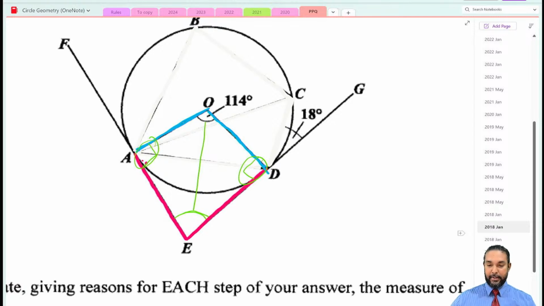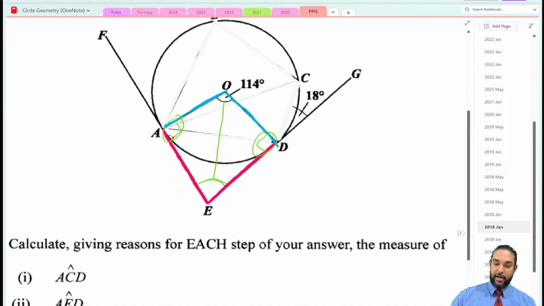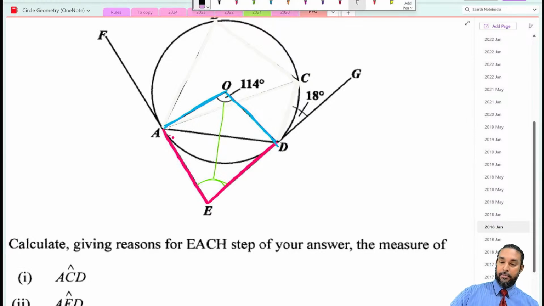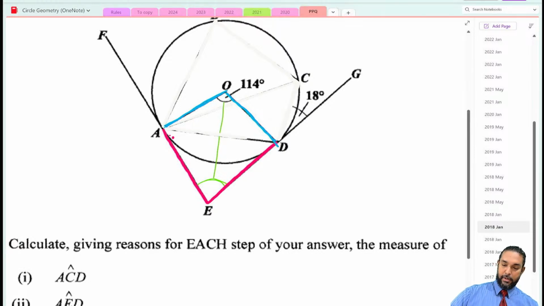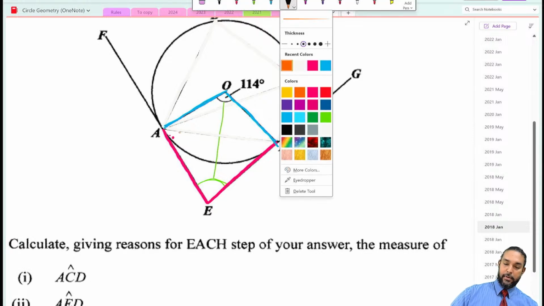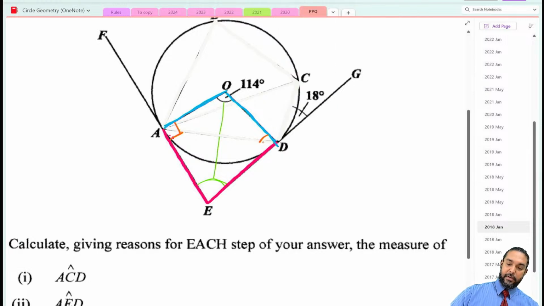So that's part A. Part B now. Part B is AED, which is the green angle on the outside there, right? So again, we blank out some lines. The two blue radii and the two pink tangents form a quadrilateral. The sum of the interior angles of a quadrilateral is 360 degrees. So this is a 90-degree angle here, and that's a 90-degree angle there.